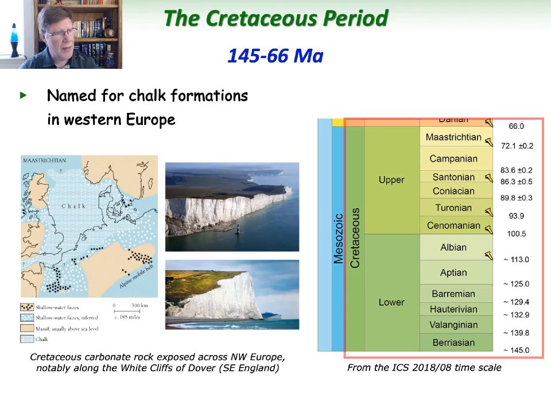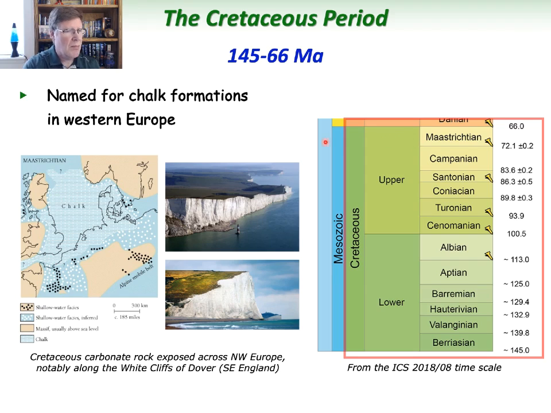These rocks are named for formations in Western Europe, specifically the chalky sedimentary rocks of southern England, the White Cliffs of Dover. When we look at northwestern Europe in terms of what it used to be back in the Maastrichtian, see the term there? That means right at the end of the Cretaceous.